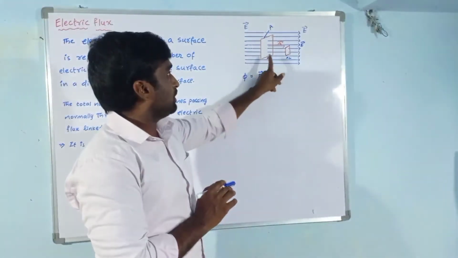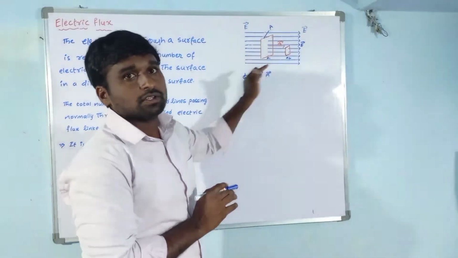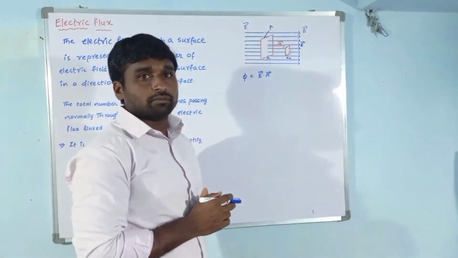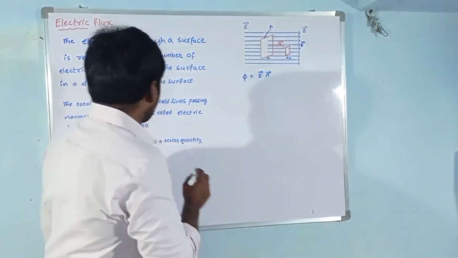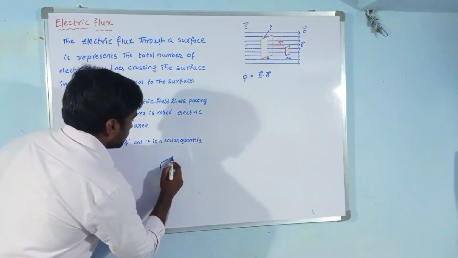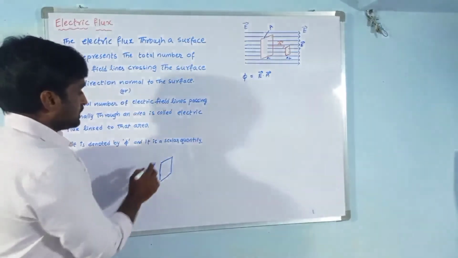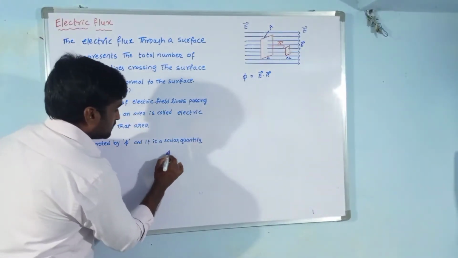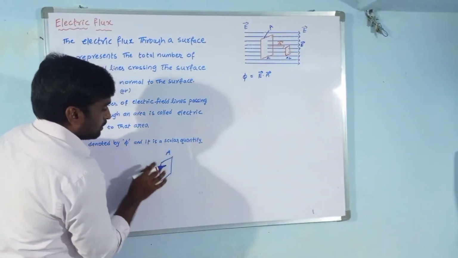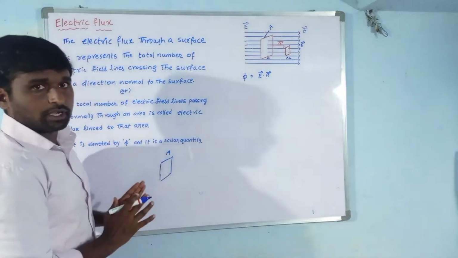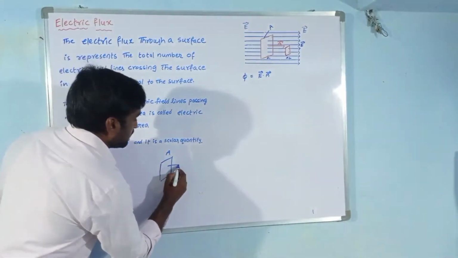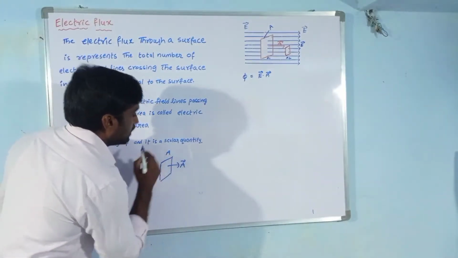Now when we take this as an area vector, what is the direction of that area? Suppose this is the area surface, and the area of this is A. This is the area vector. What is the direction of this area vector? It is normal to the surface.